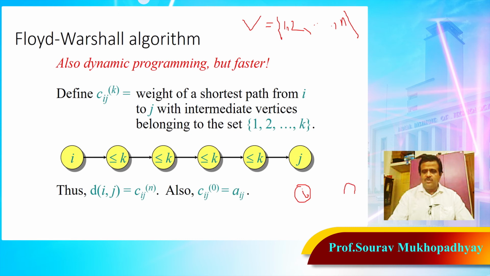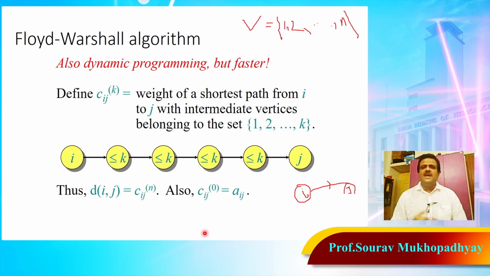We do not want to see any intermediate vertex. So, that is the direct edge from i to j, which is our W_ij or A_ij. That is the initial case, or base value, of C_ij.